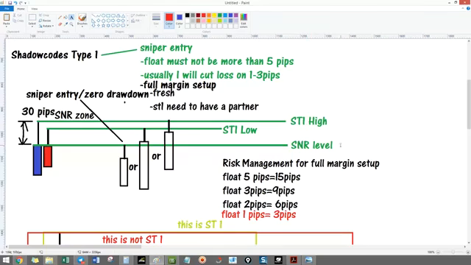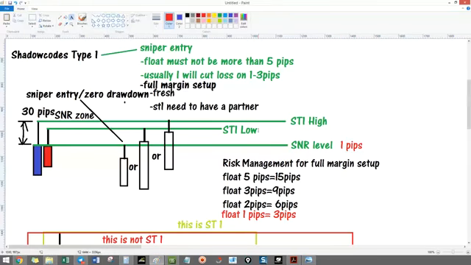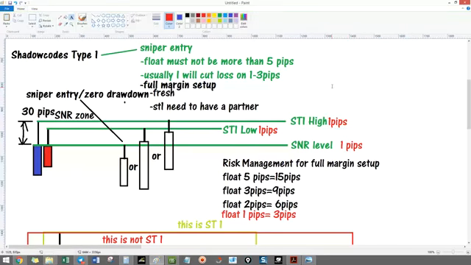Over here, for example, is a float of 1 pip here, 1 pip here, and 1 pip here.